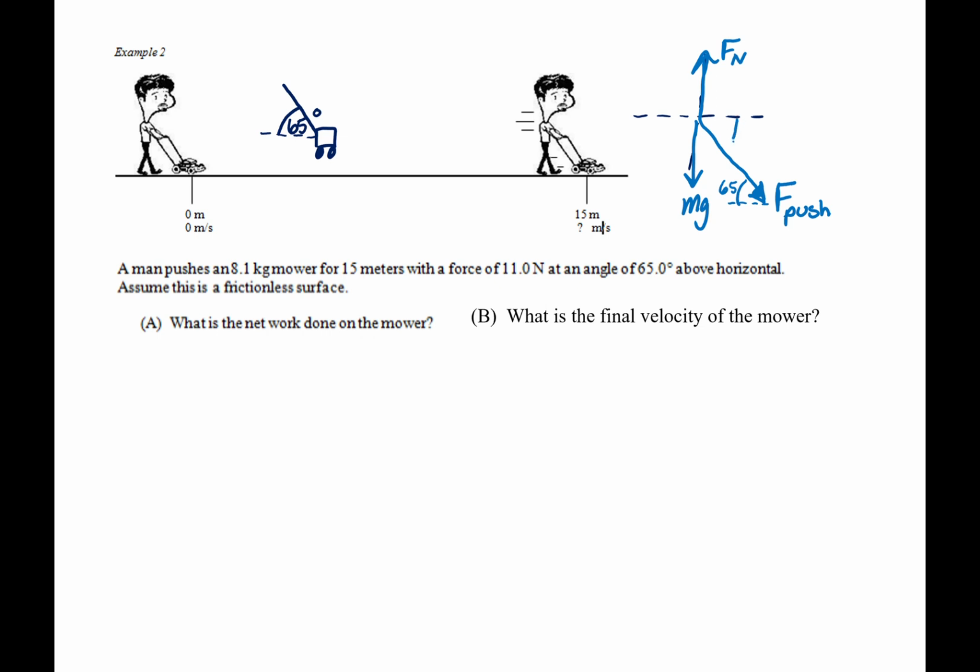That means it's 65 degrees below the horizontal here as well. And below the horizontal, we just call that a negative 65. Correct, I should say. Are we good with that? Okay. Which way is the displacement going to be? To the right. Absolutely.